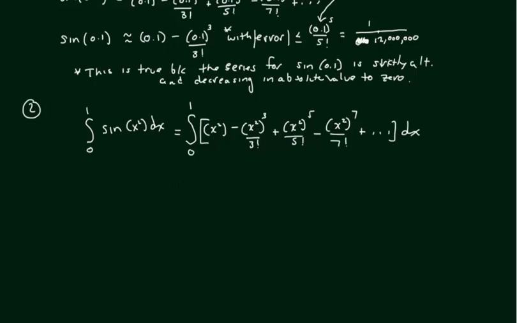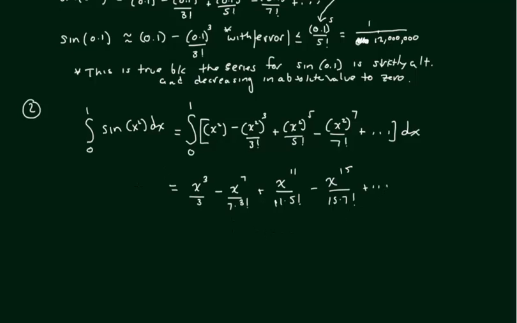So now we're going to integrate term by term. So this is going to be x cubed over 3 minus x to the 7th over 7 times 3 factorial plus x to the 11th over 11 times 5 factorial minus x to the 15th over 15 times 7 factorial, and so on and so forth.